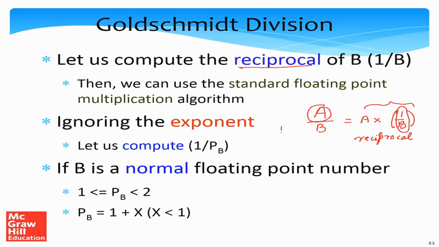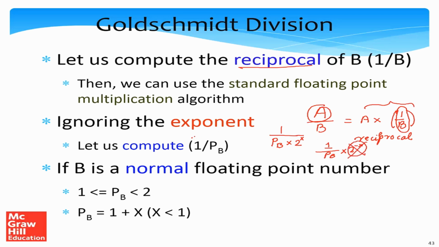Also, if b is represented in the normal form, which is pb times 2 to the power x, the exponent, then I can compute 1 by pb, I mean 1 by the significand, times 2 raised to the power minus x. So this part is simple, this can be ignored.